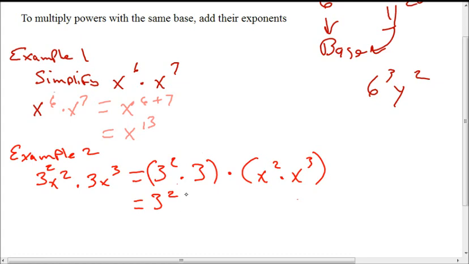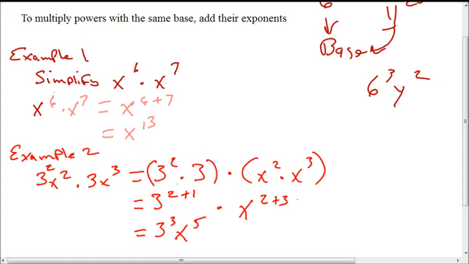So that'll be 3 to the 2 plus 1, times x to the 2 plus 3. And then from there, we will have 3 to the third, x to the 5th.